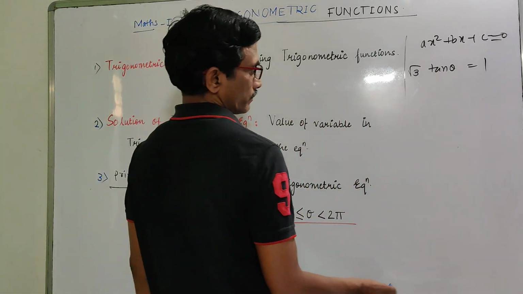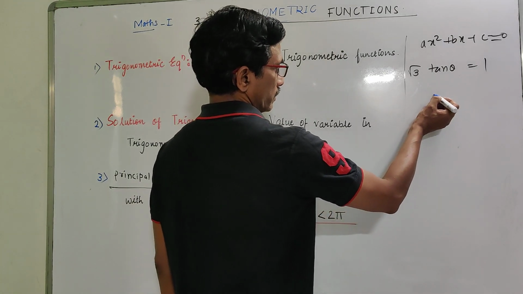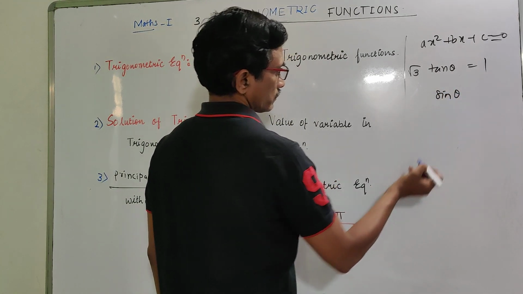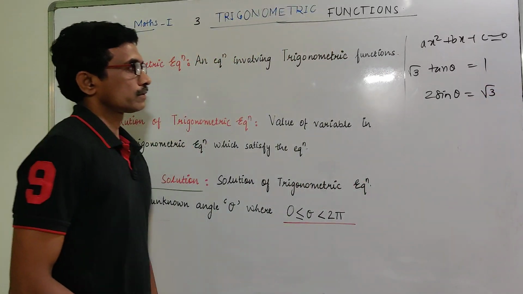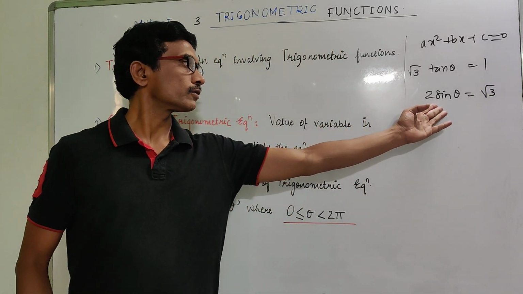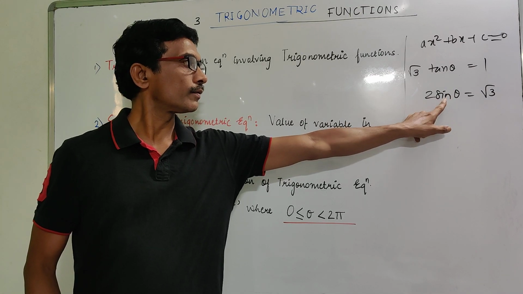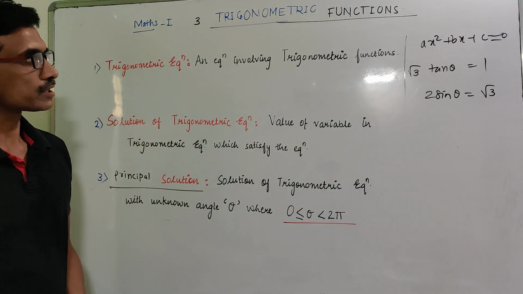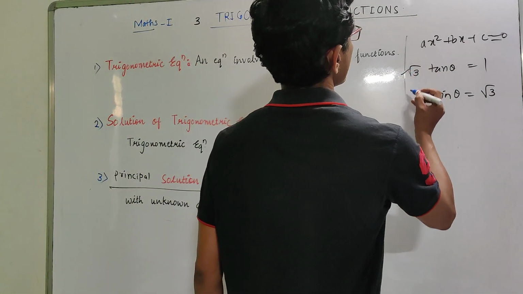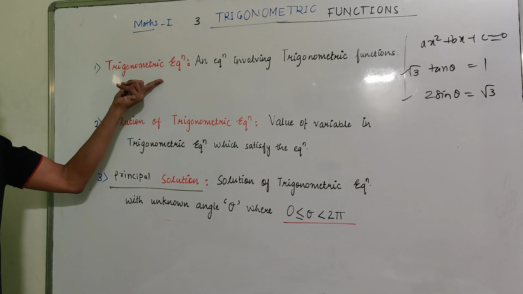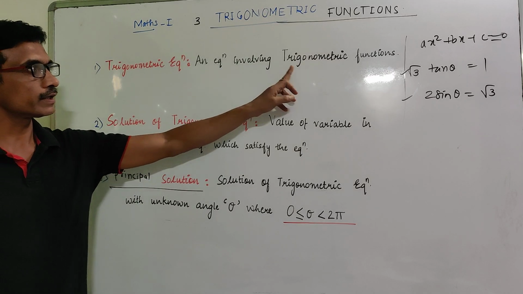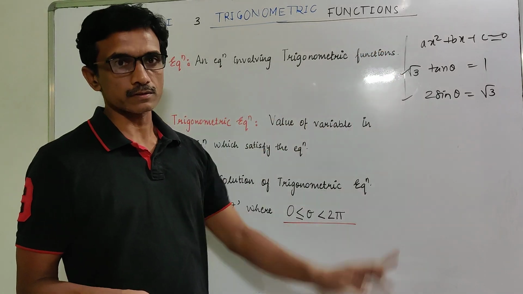One more example, 2 sin theta is equal to root 3. So again this equation is involving a trigonometric function. Such equations are called trigonometric equations. So what is a trigonometric equation? An equation involving a trigonometric function or functions.